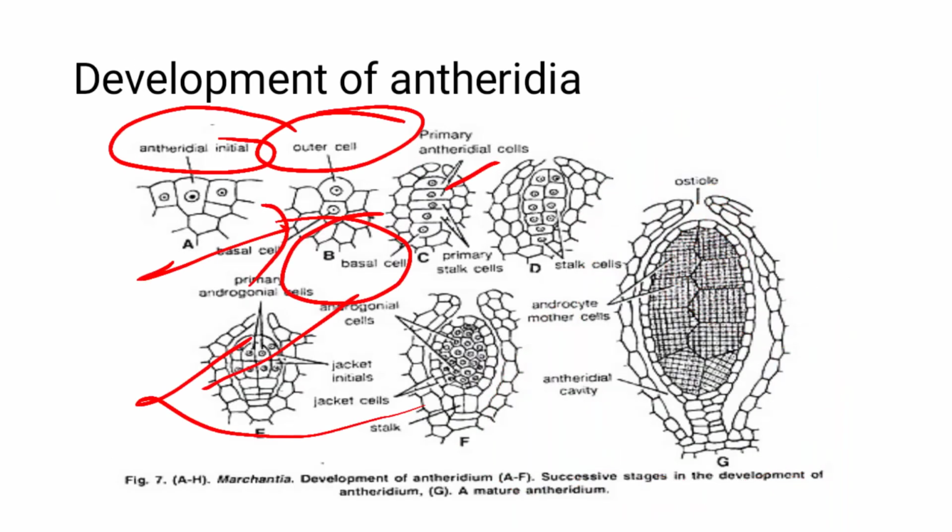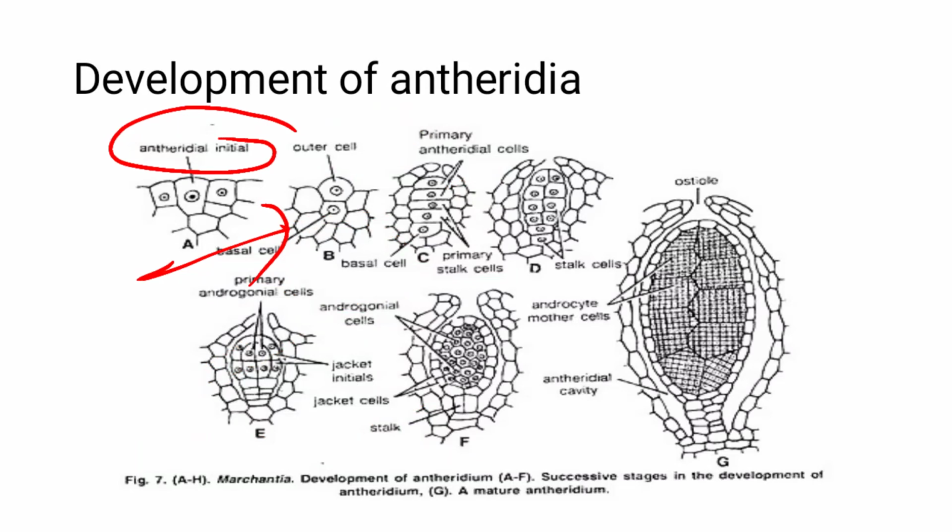In this 8 cell stage, four cells on the outermost layer develop into the jacket cells, and the 4 cells in the inner region develop into the androgonial cells. The jacket cell later divides and forms the protective jacket or the coat.